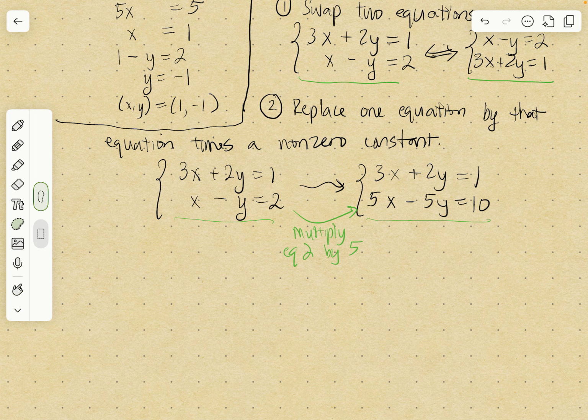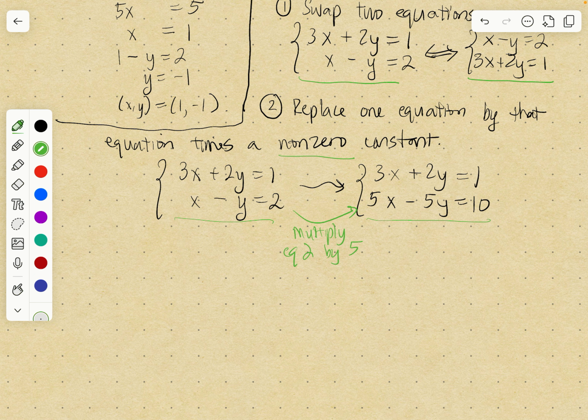Okay, and it was really important that I have a non-zero constant, right? Because if I multiplied the second equation by 0, then I'll just get 0. And then I'll have 3x plus 2y equals 1, x minus y equals 2 on the left, and just 3x plus 2y equals 1 on the right.